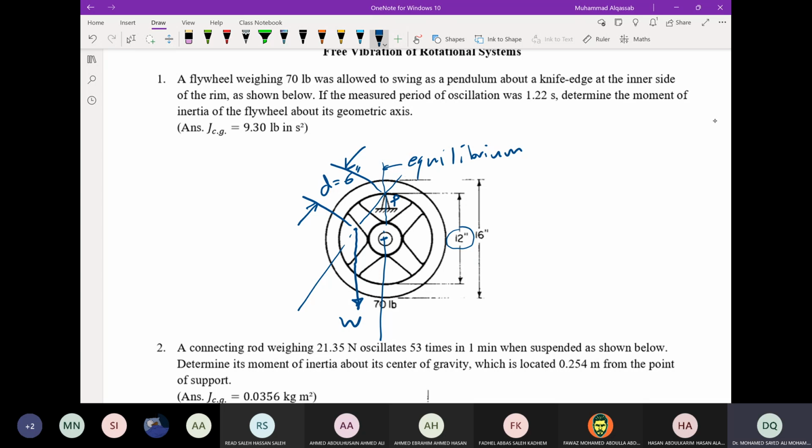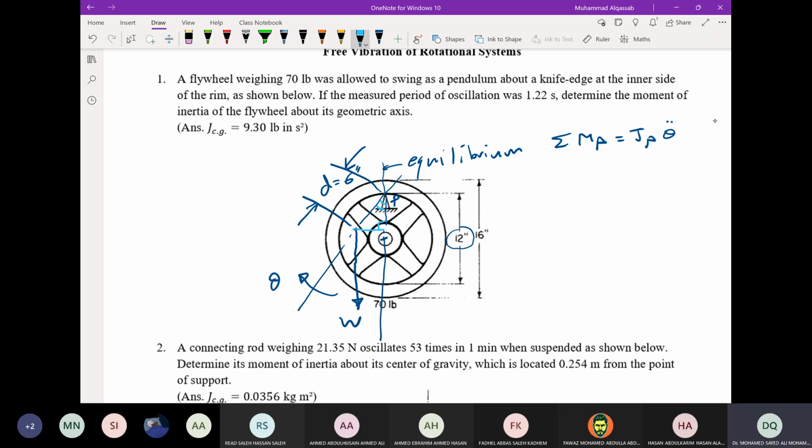Then you can apply Newton's second law, which is sum of moment about P equal to J_P theta double dot. Theta is clockwise, so if the moment is counterclockwise, then it is negative. We have the perpendicular distance, and this is the angle theta.